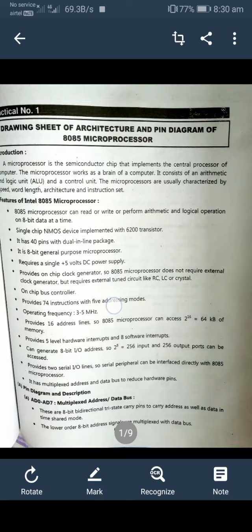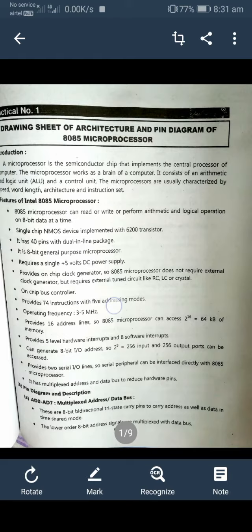Features of the Intel 8085 microprocessor. The 8085 microprocessor can read or write or perform arithmetic and logical operations on 8-bit data at a time. It is a single chip NMOS device implemented with 6200 transistors.